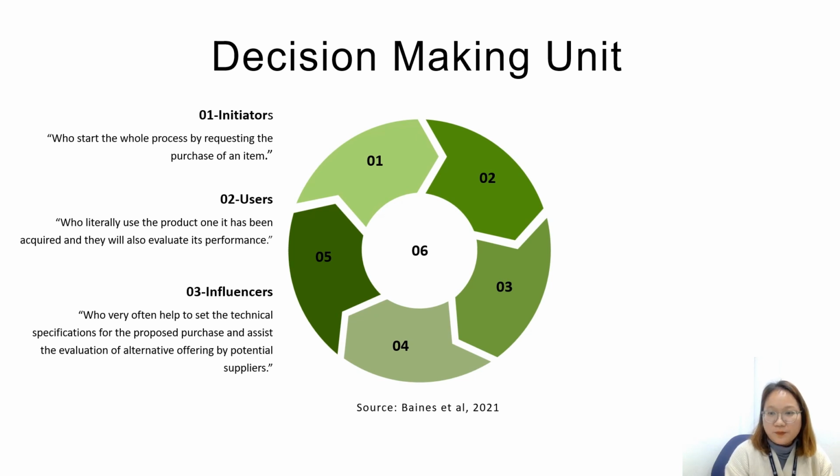I also bring this feature in to see how they can apply it in their marketing campaigns. The influencer is the one who very often has to set the technical specification of the proposed purchase and assist the evaluation of alternative offerings by potential suppliers.